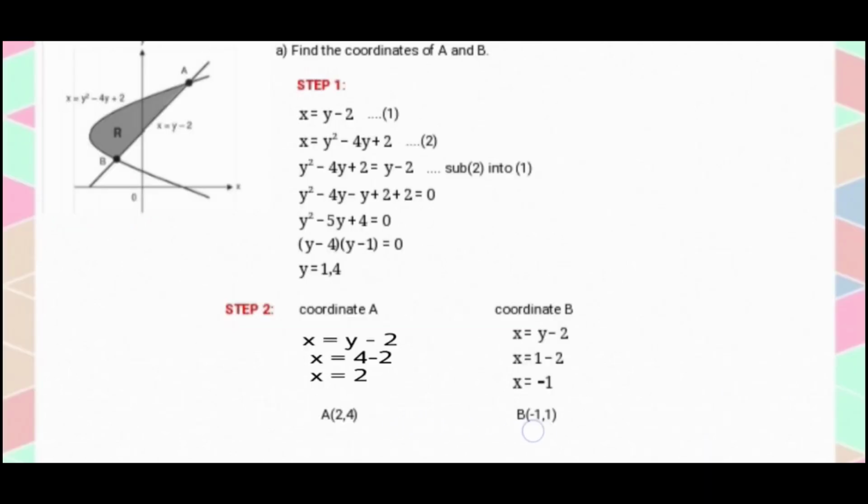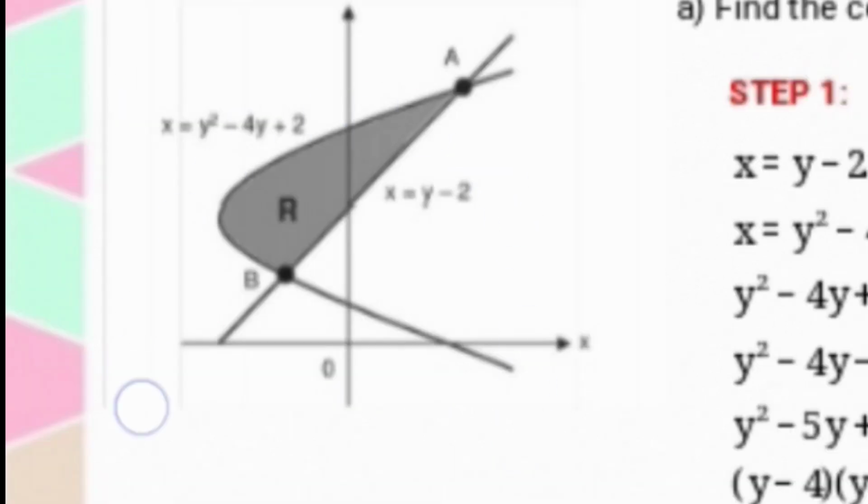In this section, we need to identify which one is coordinate A and which one is coordinate B. So we look at the value of x. We get one negative and one positive. So we look at the diagram. Which one for the value of x will be positioned at the negative side?